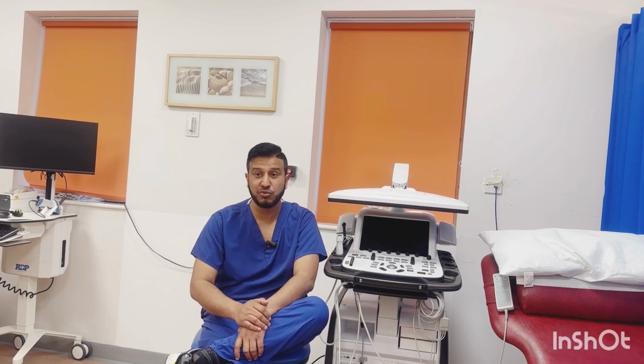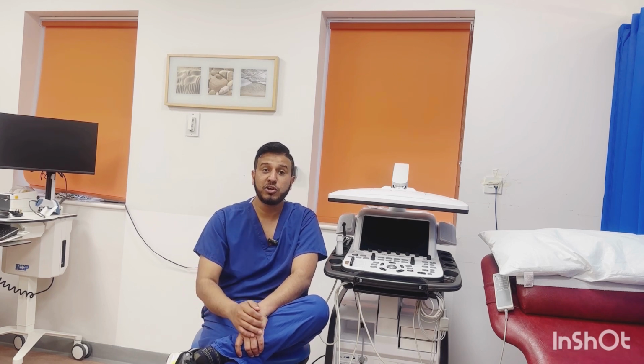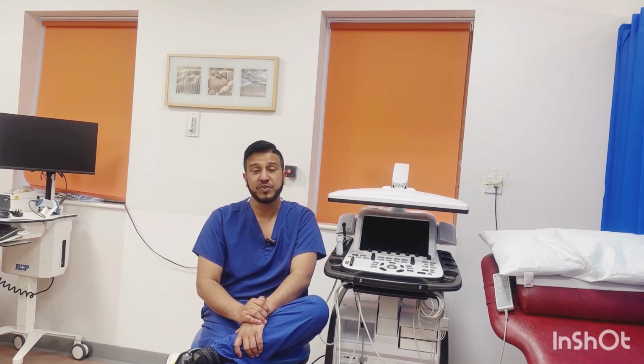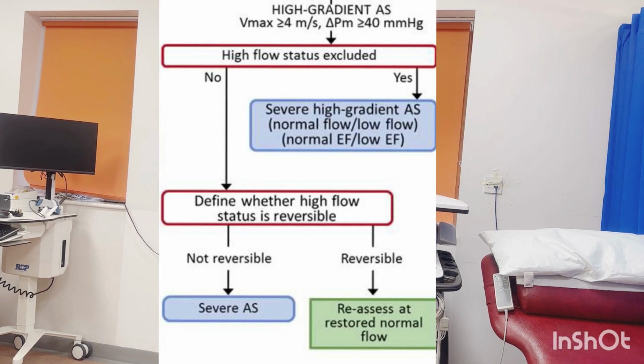But in that patient, you need to look for the high flow state. If the patient's stroke volume is also very high, you need to exclude these conditions. If there are no conditions causing high stroke volume, then it's a severe aortic stenosis.